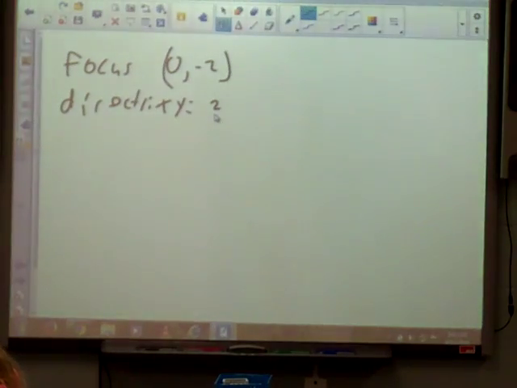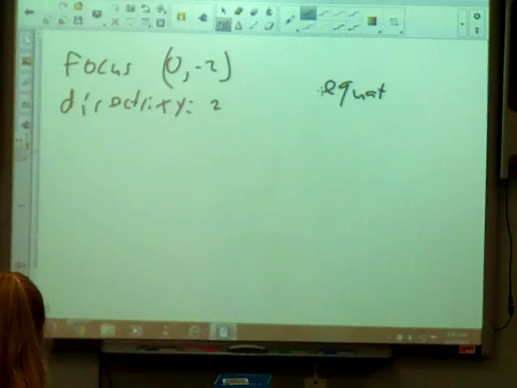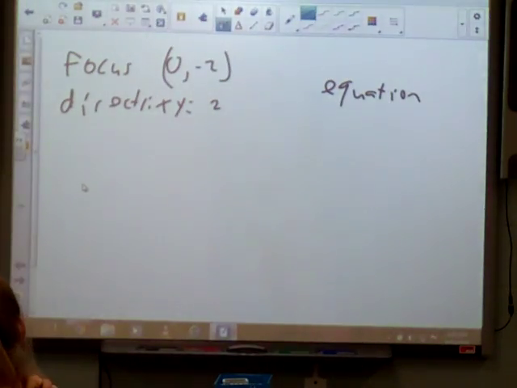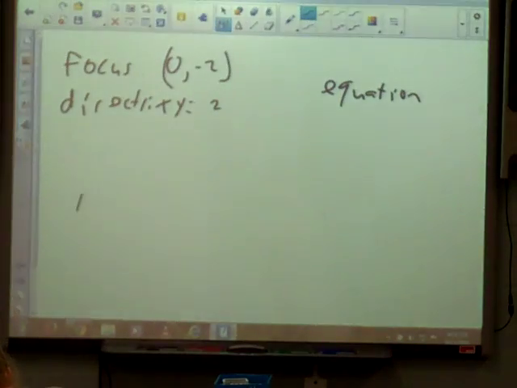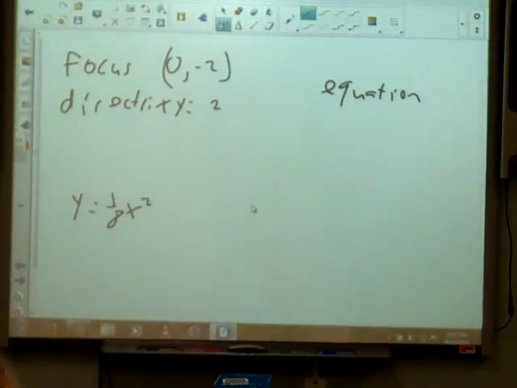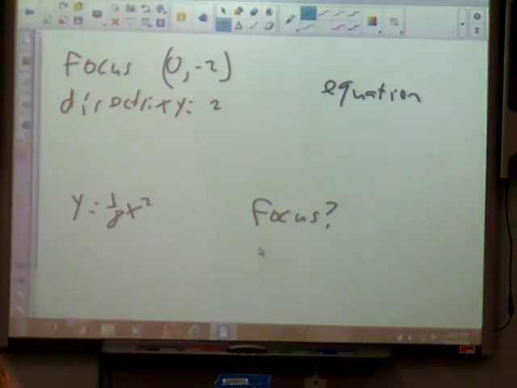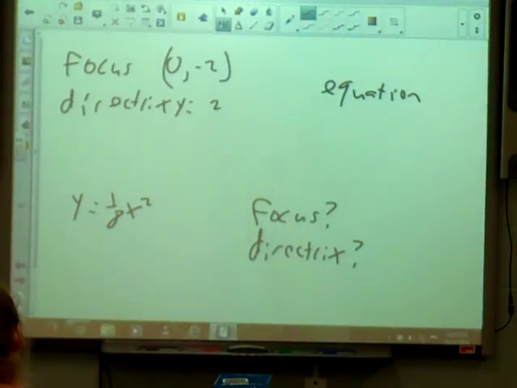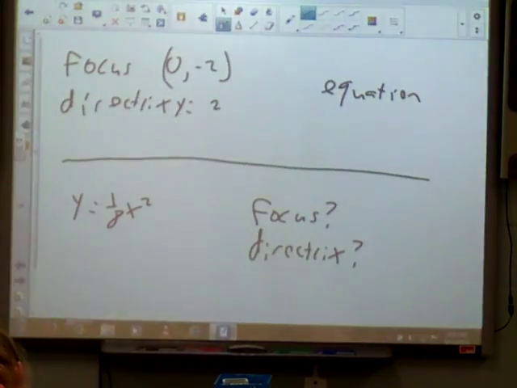I want you to write the equation for that. It's number 1, write the equation. Number 2, I'm going to give you an equation, and I want to know what are the focus and directrix. Alright, you got 2 to do. See if you can get them.